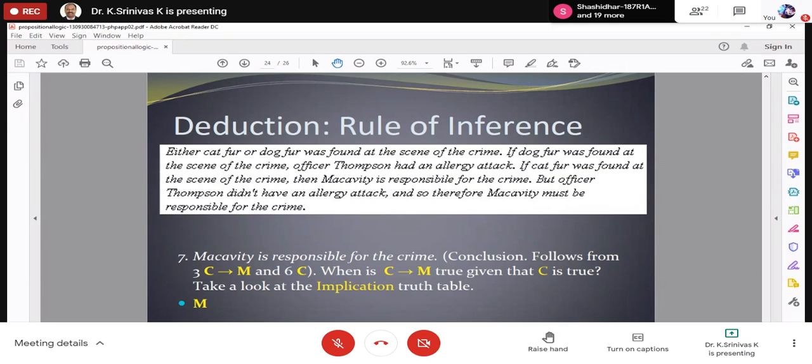Even if the next building has a fire accident, the room temperature will automatically increase because the fire will consume the oxygen. So this is the way I am going to infer the rules. The various rules are there, and this is the way I am going to infer them.